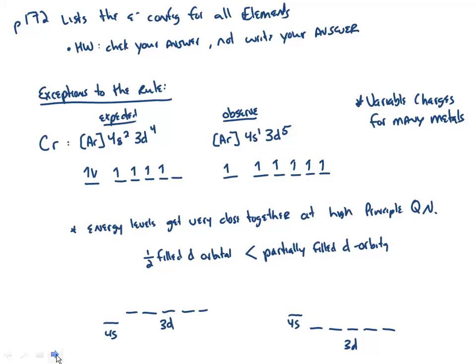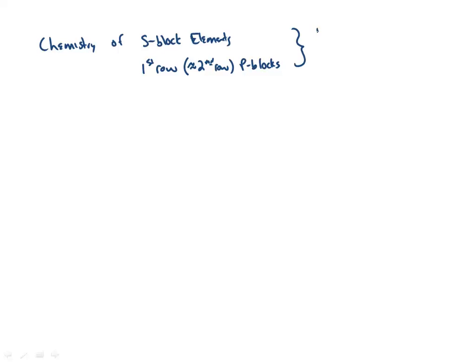So what we note is that the chemistry of, for instance, the S block elements and the first row, and mostly the second row of the P blocks, is pretty simple. Meaning there's not very many exceptions. It follows the rules well.